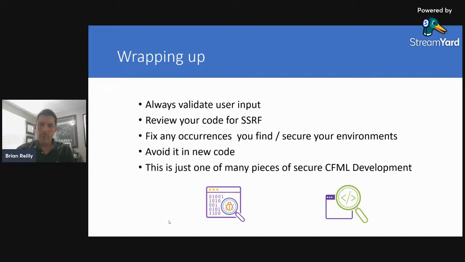And again, I'll say one more time that this is just one small piece of everything that you need to do to build secure ColdFusion applications. There are lots of great resources online, past CF meetups and other sources that cover a lot of those topics in great detail. So certainly server-side request forgery is important, but there's definitely going to be a lot more that you're going to need to do to make sure that your applications are safe and can't be exploited by attackers.